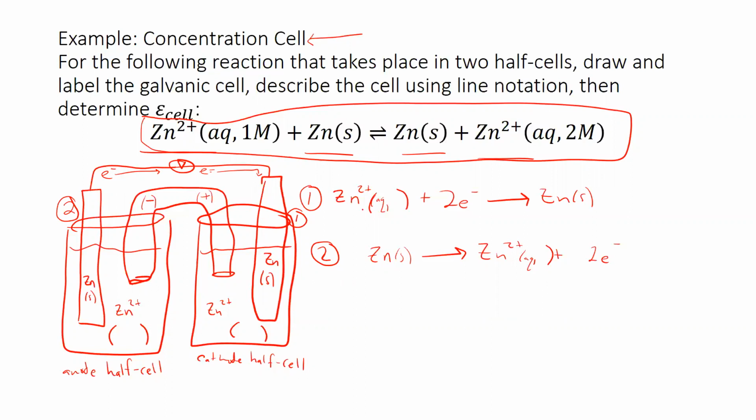So the next question here is based on the concentrations. Which direction will this reaction go? For this particular reaction, I've got two solutions here. What's going to be driving this chemical reaction is the fact that the concentrations of the dissolved solutes are non-zero and they're not equal.